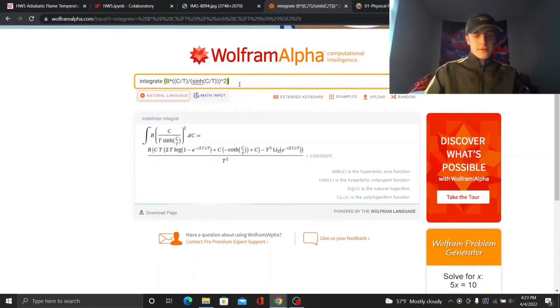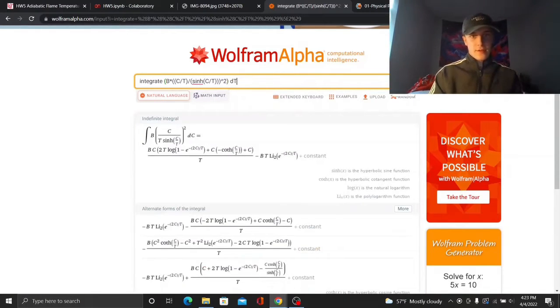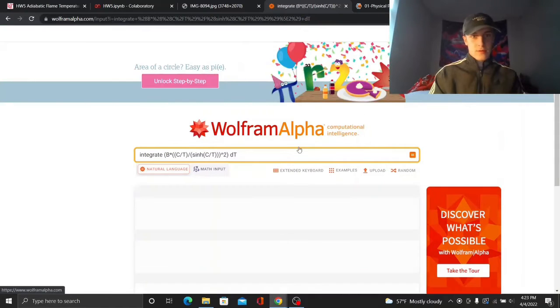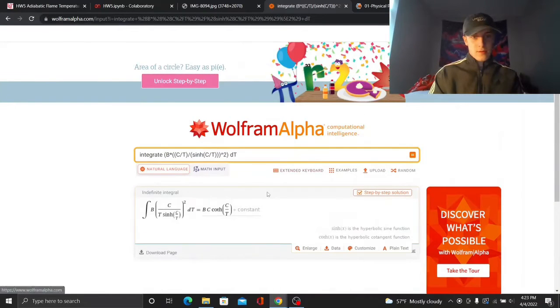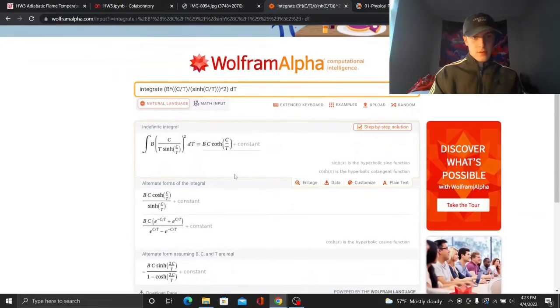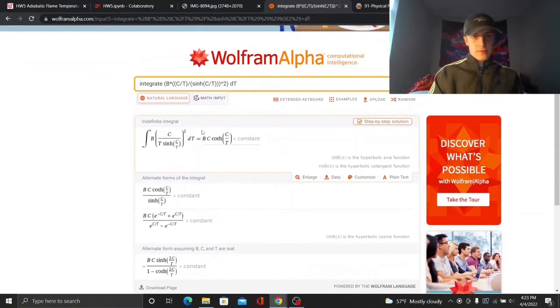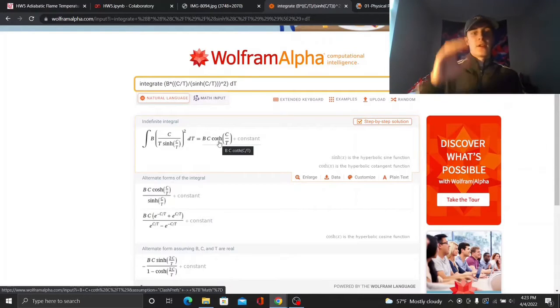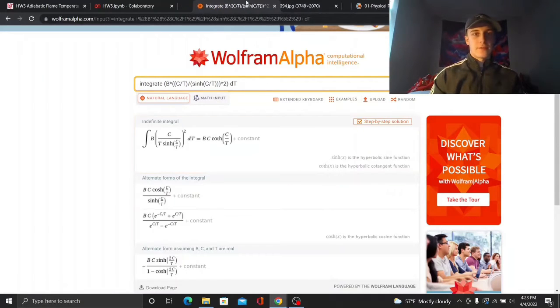And I forgot to put dT. So this will be our answer here, and it'll be the hyperbolic cotangent, which is just 1 over hyperbolic tangent. So that's what we're going to be typing in.